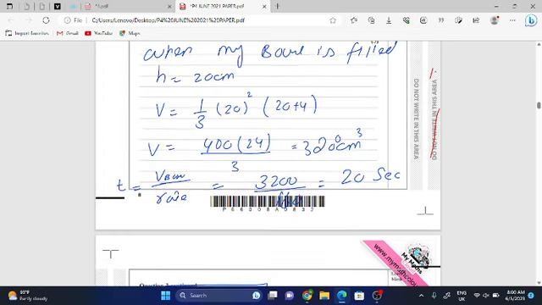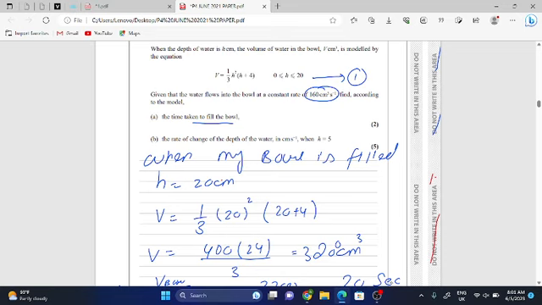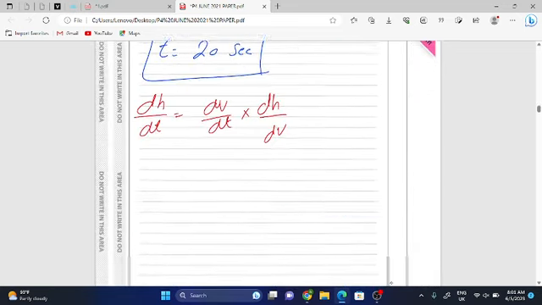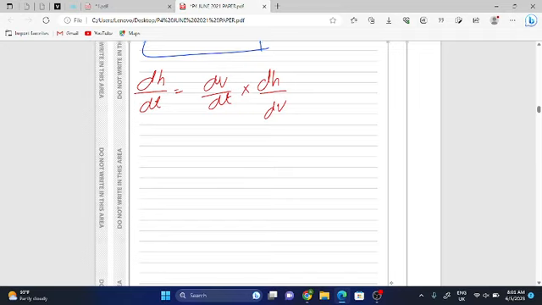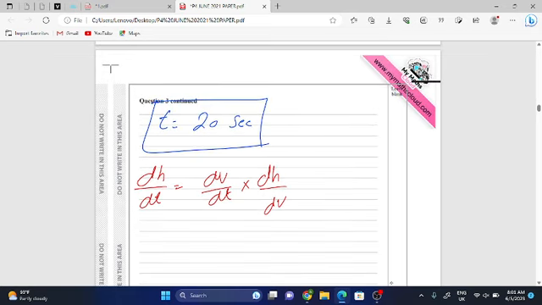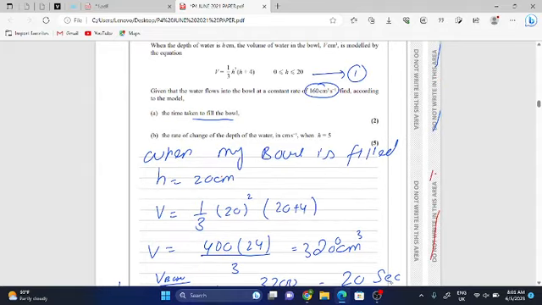I will convert dh by dt into dv by dt times dh by dv by applying the chain rule over here. So dv by dt is known to me, that is 160.